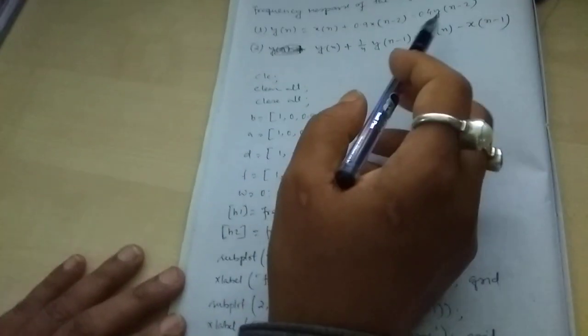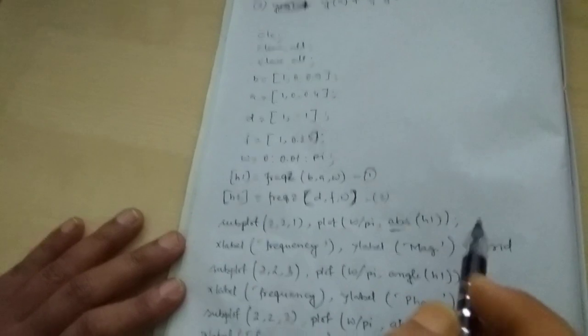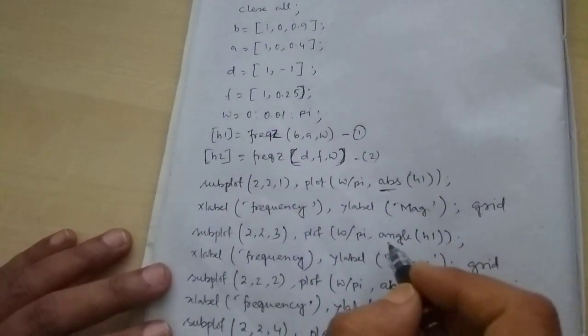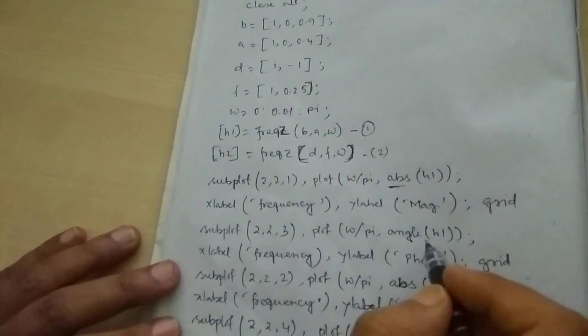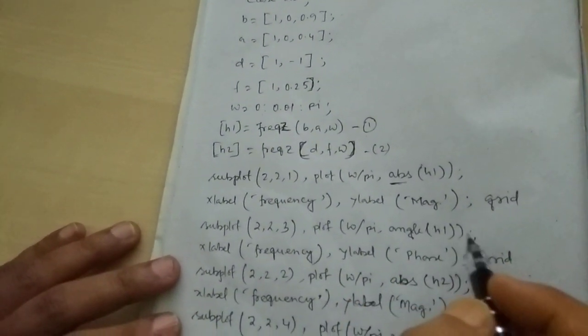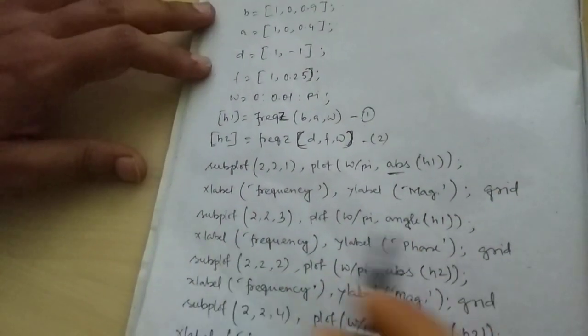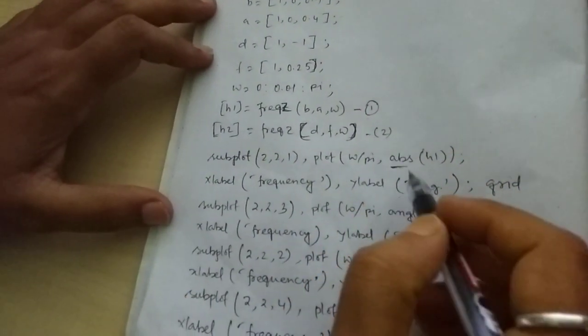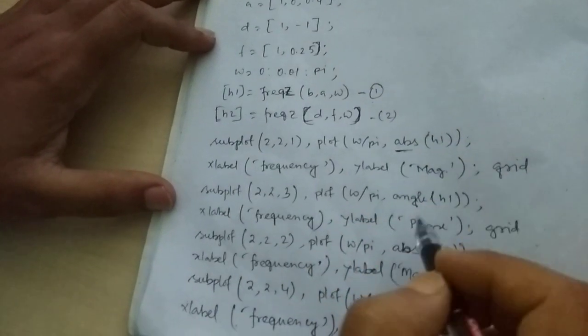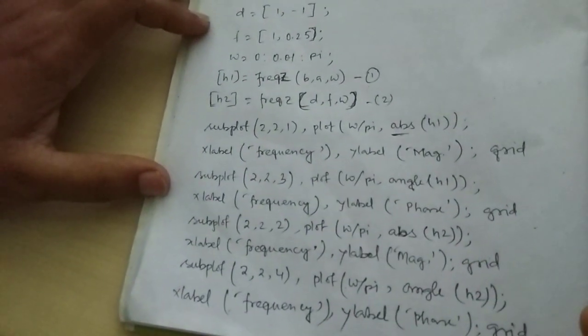And for finding the angle we use the command angle of h1. In the same way we define the magnitude as well as phase angle for the second system also.